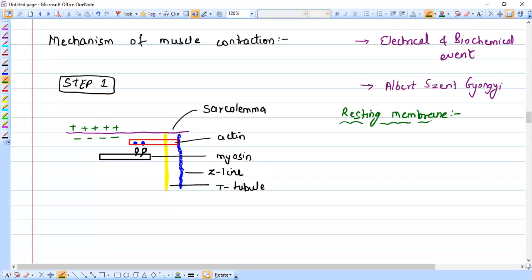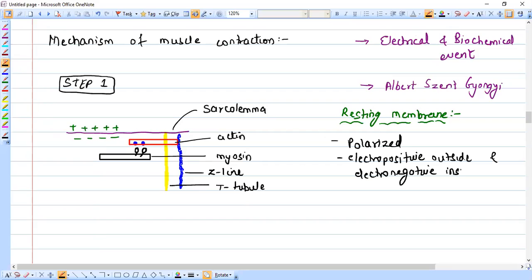What we have to understand with respect to the resting membrane is, first, that this condition is a polarized state, with more electropositivity outside and electronegativity inside. The potential is somewhere around minus 60 millivolt. This is the resting membrane. Now, once the impulse is conducted, what will happen? So this is step one.